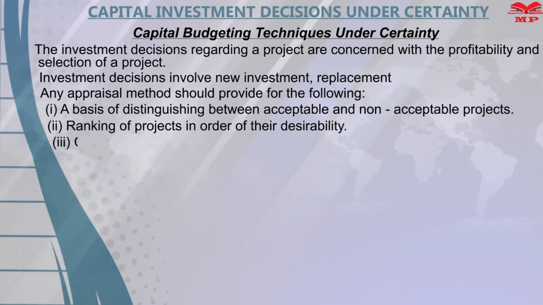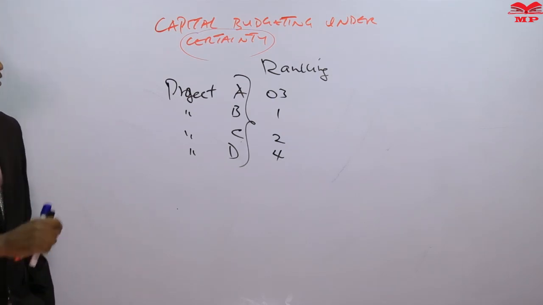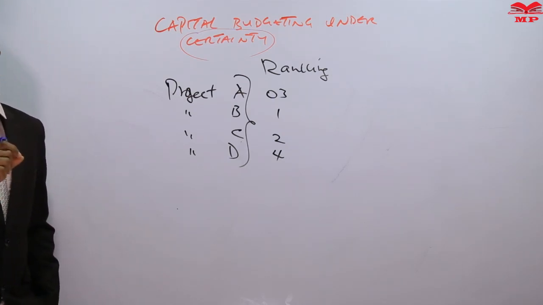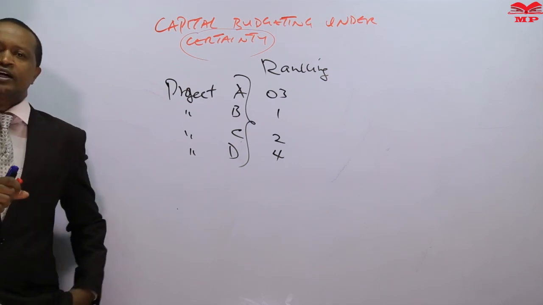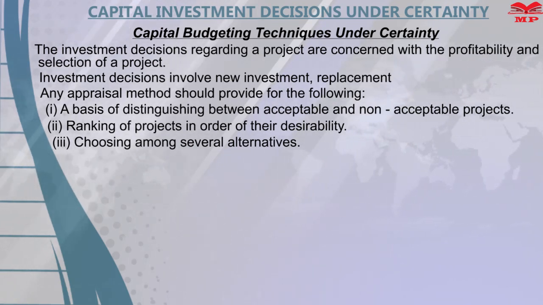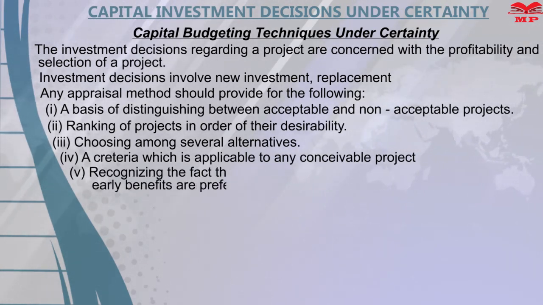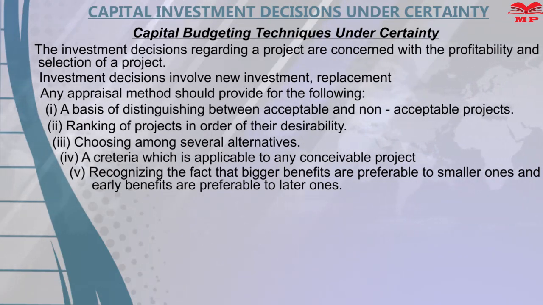Number 3, choosing among several alternatives. The criteria to be chosen should be one that enables the decision maker to choose among alternative projects. Number 4, a criteria which is applicable to any conceivable project. Number 5, recognizing the fact that bigger benefits are preferable to smaller ones, and early benefits are preferable to later ones.